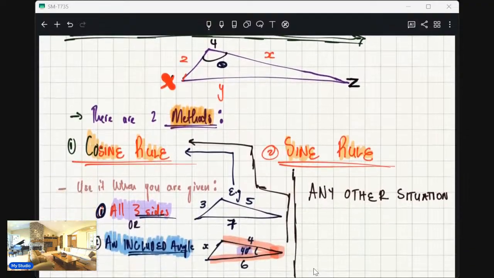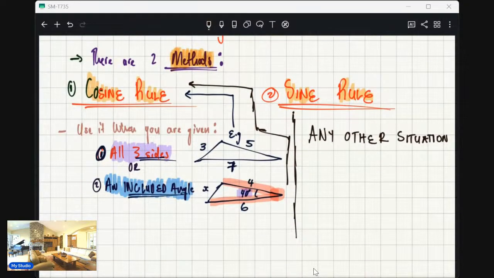But then you look at the triangle, you don't have three sides, and there is no included angle. All the angles you will be given are not included. So if they are not included, then you have to use the sine rule. Say what I've just said. When do you use the sine rule?